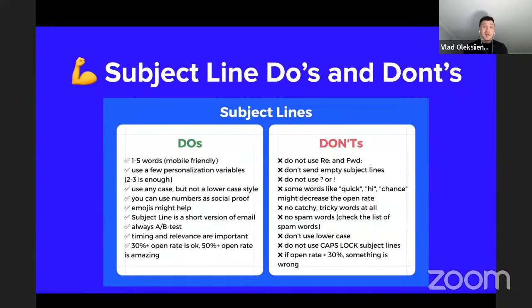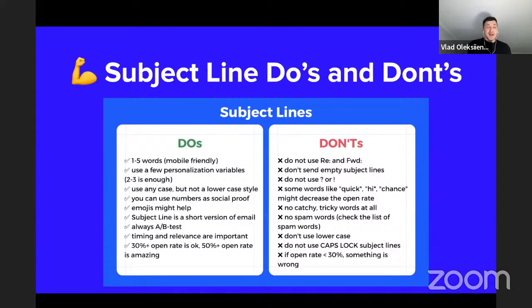Timing and relevance are important. Here's what I mean. For example, if your prospect lives in Australia and you send an email from Canada or from Florida, they actually sleep right now, right?